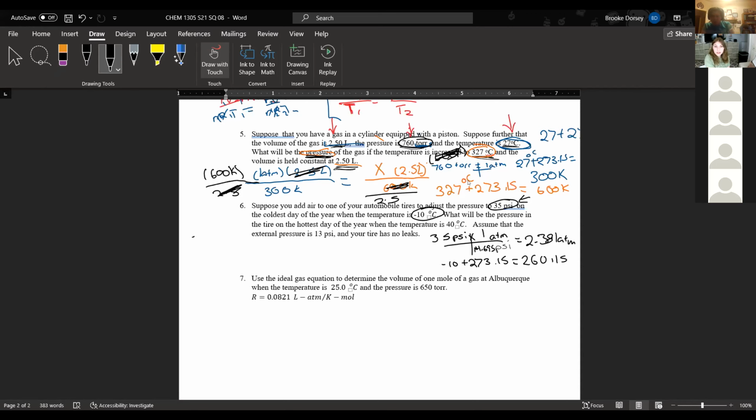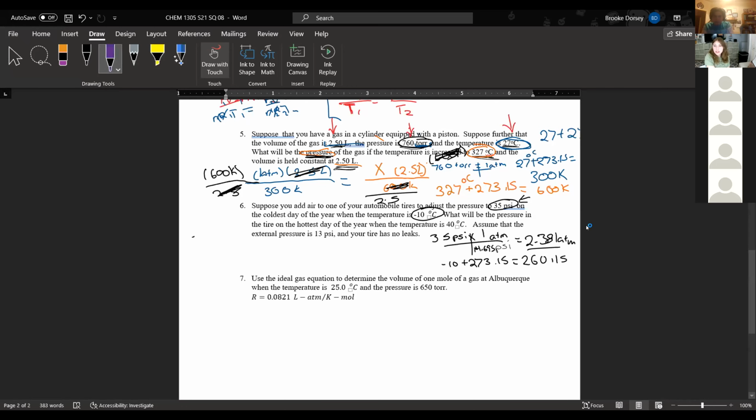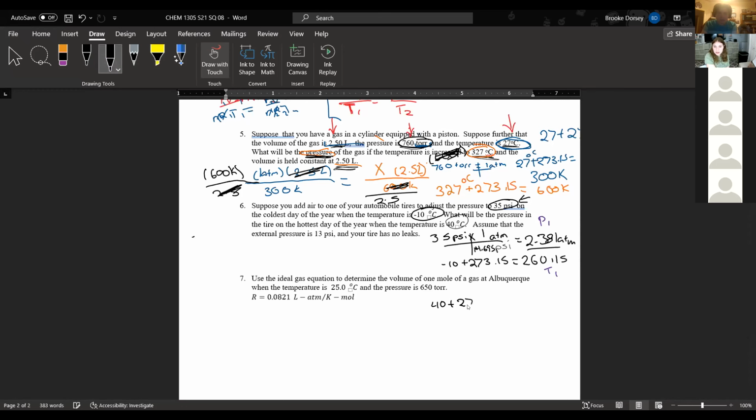So now, let me change color so you can see it. Let's get purple. So we have a pressure one and a temperature one. And we're given temperature 2, but it's also in Celsius, so let's quickly convert it to Kelvin. So we have 40 plus 273, and what do you get? 915.